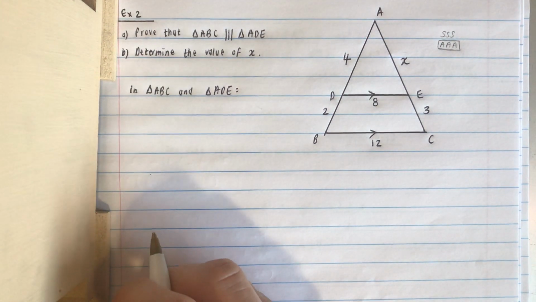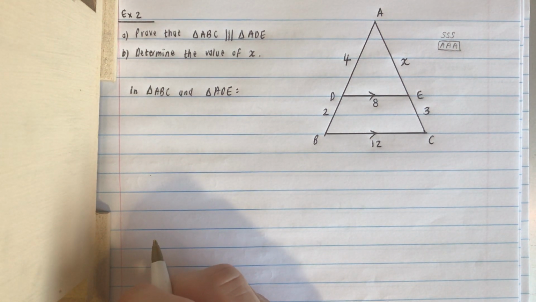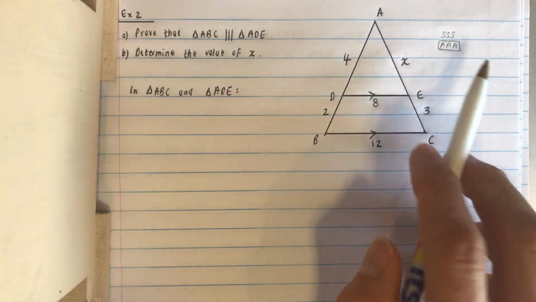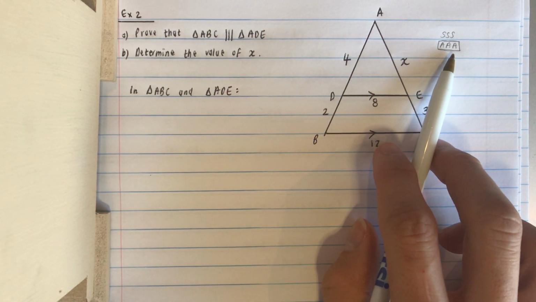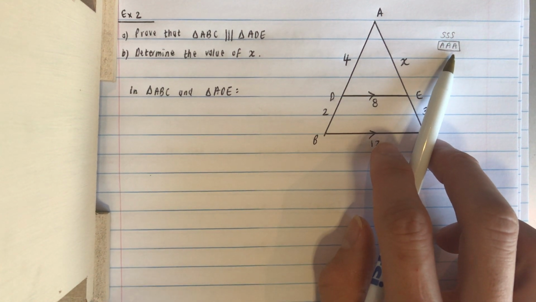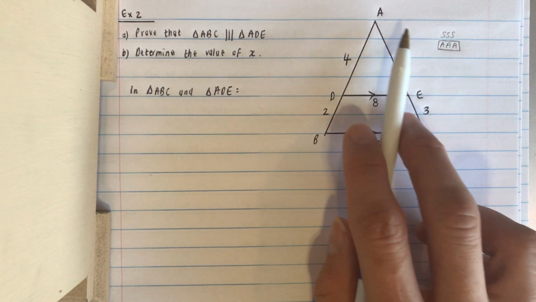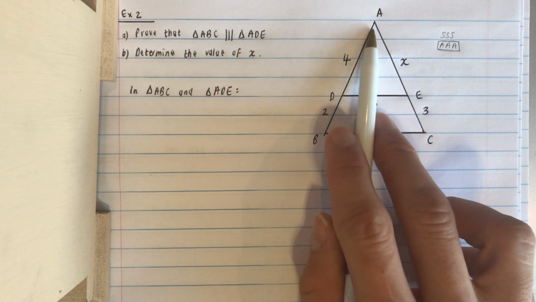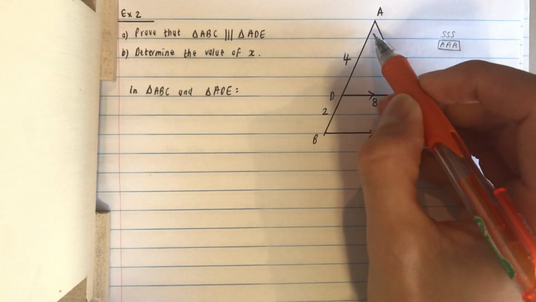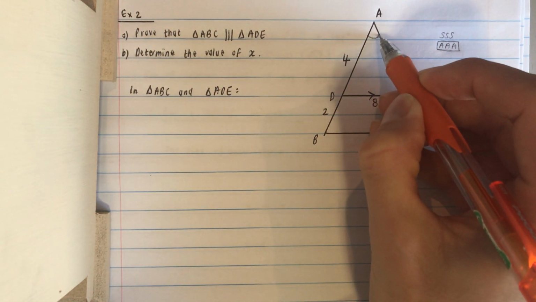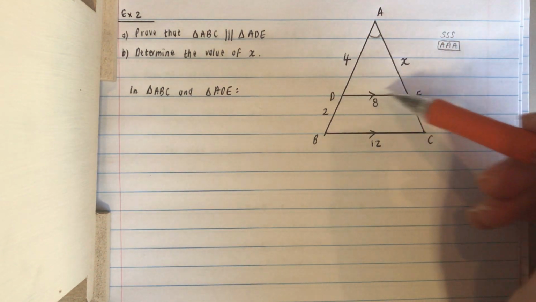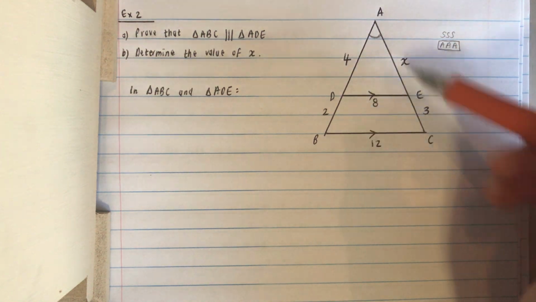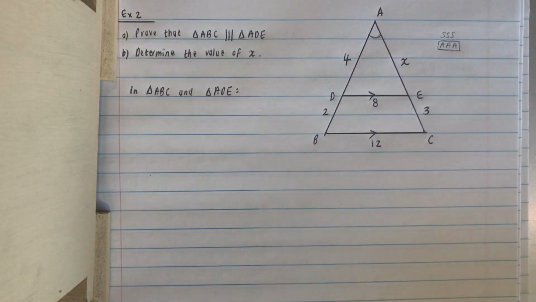So we first need to say which angles are the same, because remember, this condition states that all the corresponding angles are exactly the same. So what are we going to do? We're going to say that this angle here, look at this angle here, the angle at A. Can you see that this angle is the same angle for the small triangle and the big triangle? So it's the same for them both.